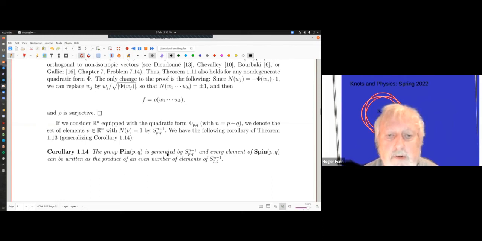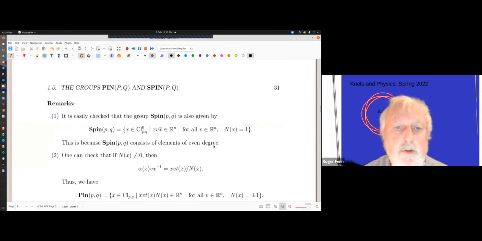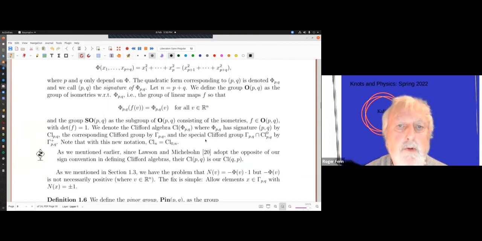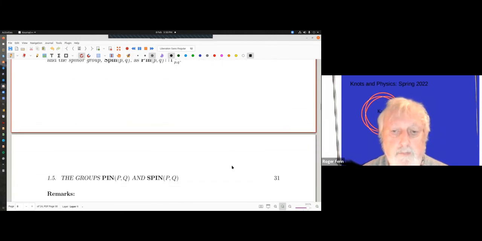The group Pin(p, q) is generated by S^(n-1)(p, q), which means this here is the hypersurface where all these elements are equal to 1. If q is 0, then it's a sphere, but otherwise it's some kind of hyperboloid.